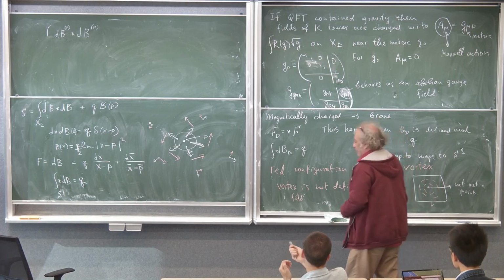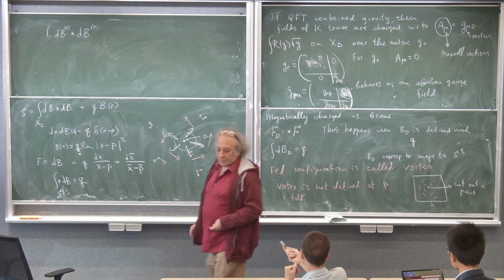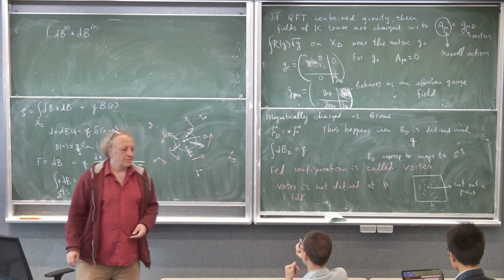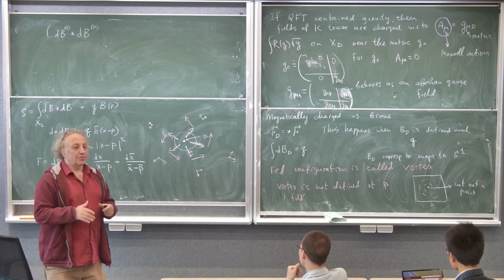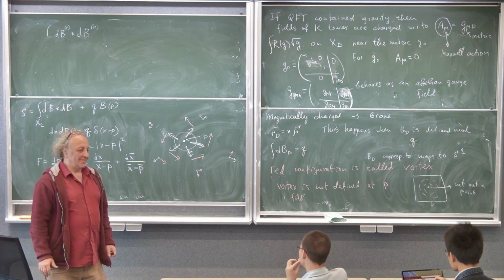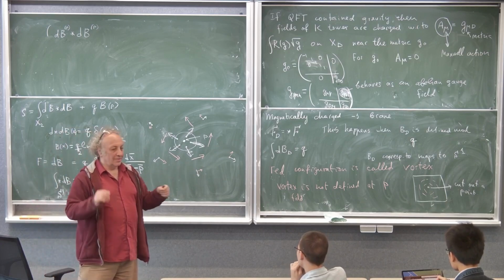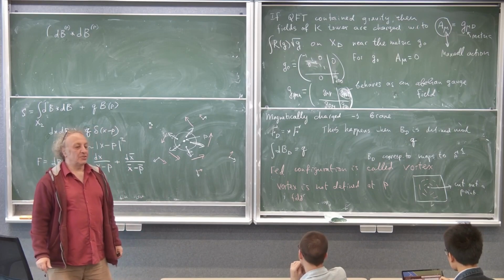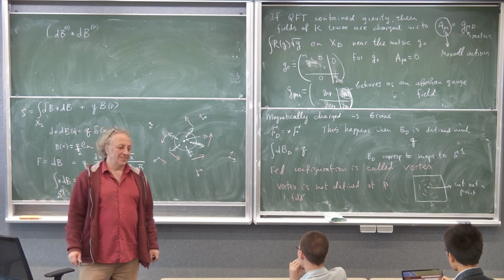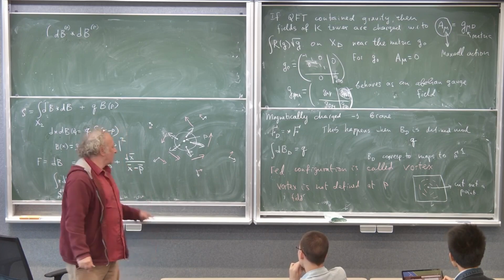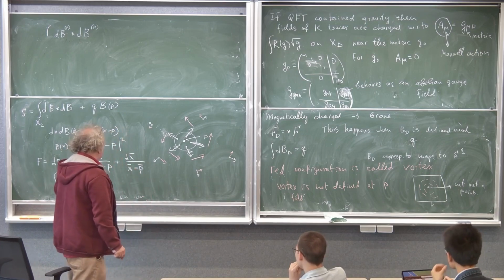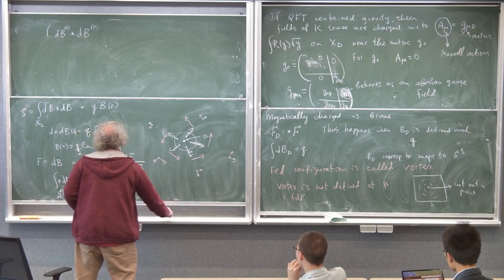Well, to be fair, the original field, the electric field, was also not defined at P. Good point. It grows while the dual field is not defined. Let me make a comment.